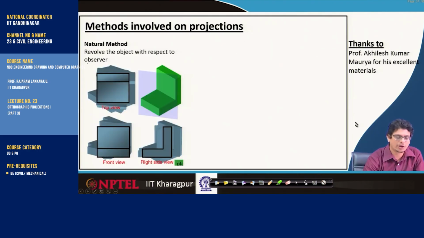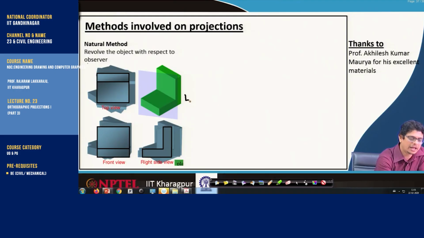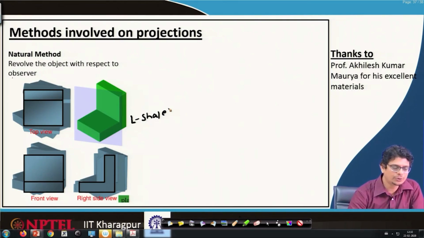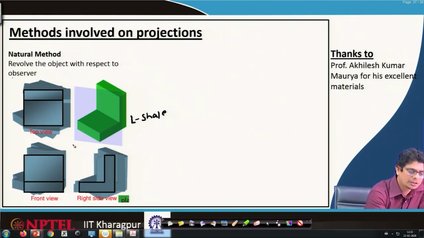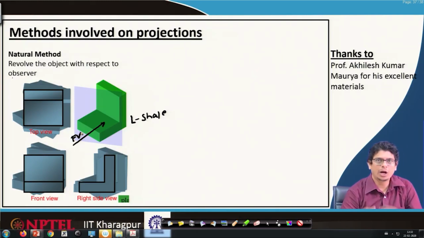So, let us look at an object. Here the object is something like an L shape, a block in L shape. And we would like to say this one is the front view. So, you are the person looking at the monitor and the object is slightly inclined to you.